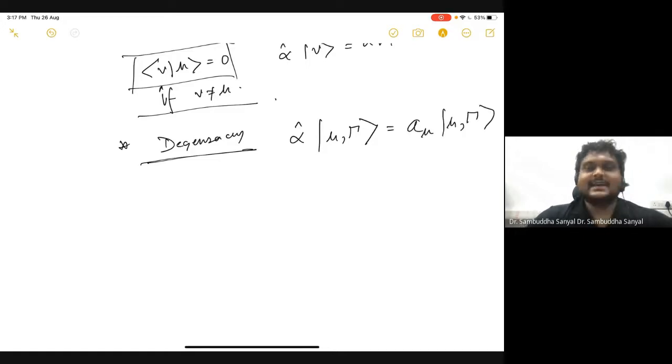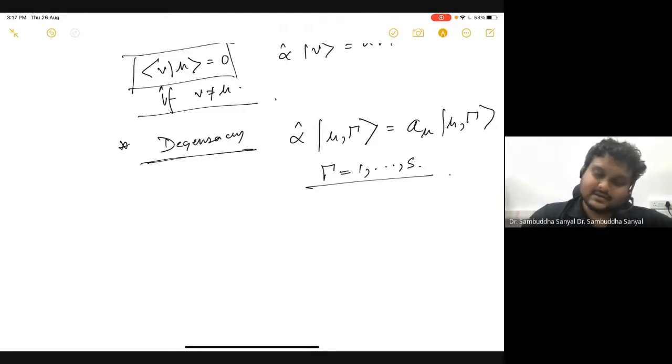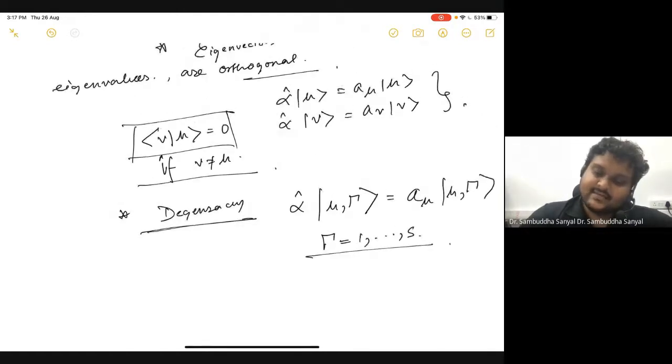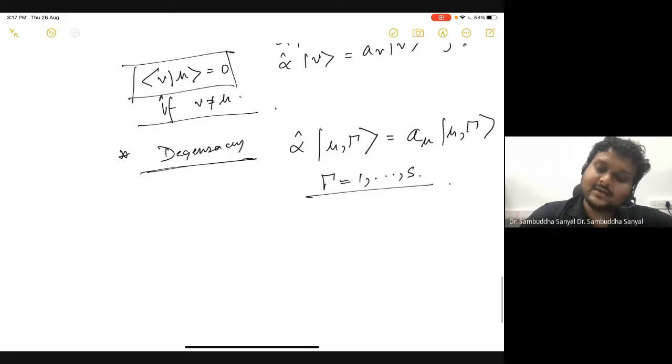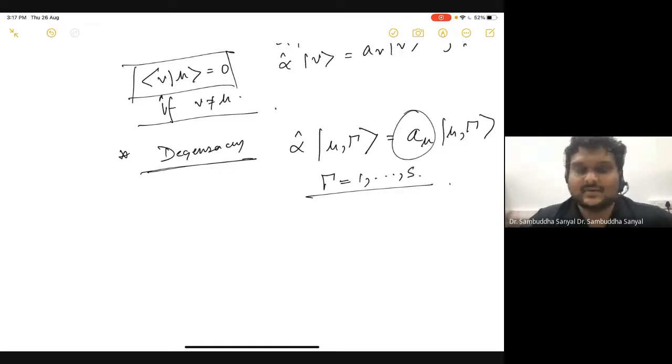Gamma is an additional label which I introduced to say that there are S eigenvectors which have the same eigenvalue mu. It doesn't matter what the gamma is, and there are S of them.